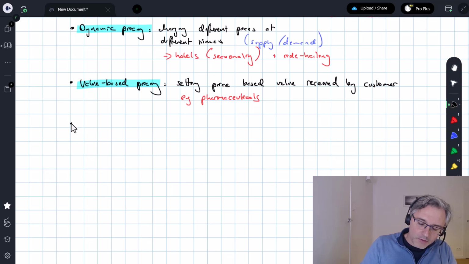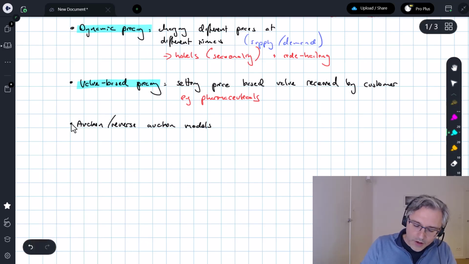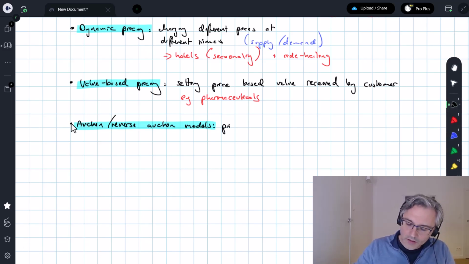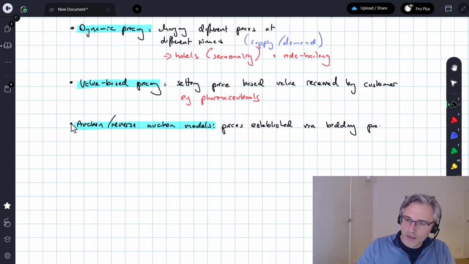And finally, we've got auction and reverse auction models, where the price that you need to pay is established via some competitive bidding process. So prices established via bidding process.